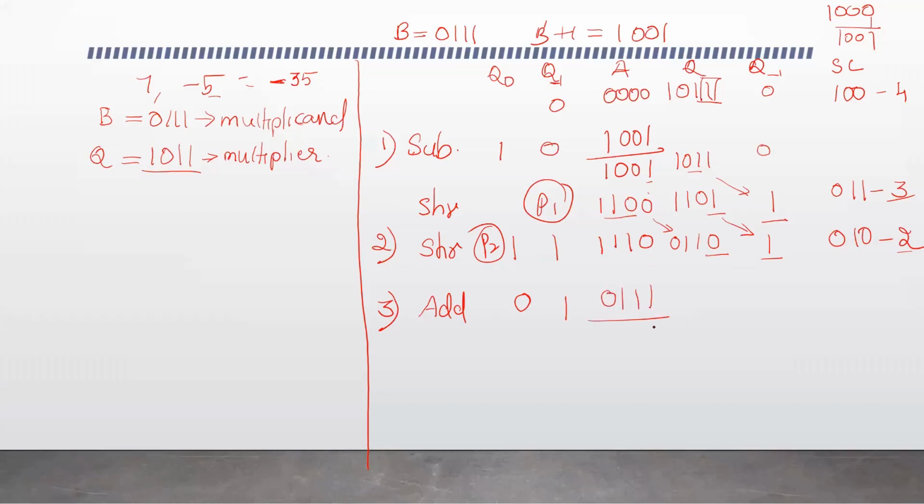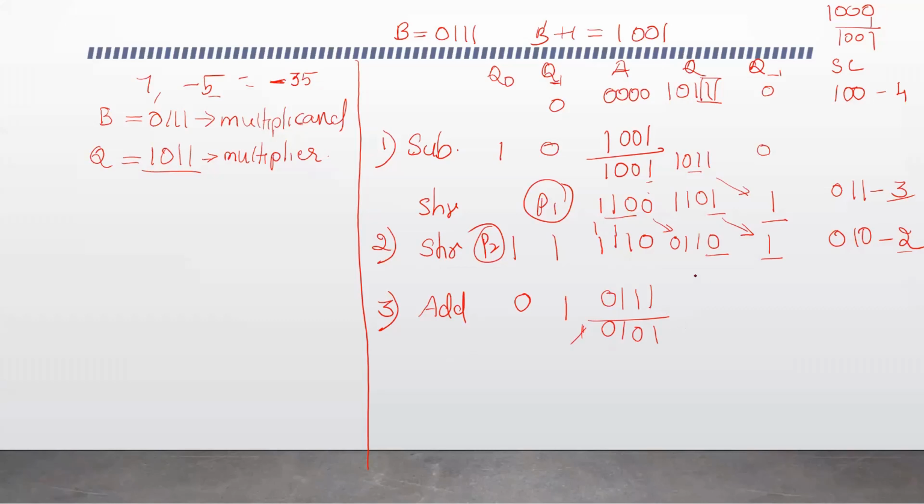When we add this, 1 plus 1 is 1 0, 1 plus 1 plus 1 is 1 1, and here again 1 0. The carry will be discarded. We get a carry, we discard that, and we shift right.